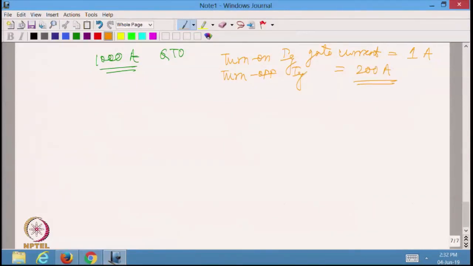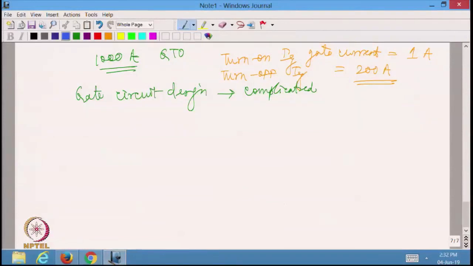So, you can imagine this 200 ampere is way too high. So, gate circuit design is going to get very complicated compared to an SCR.